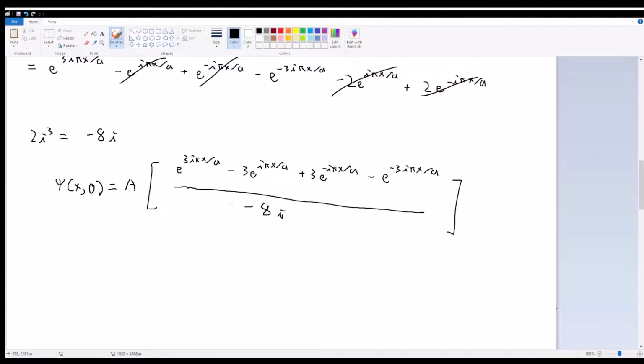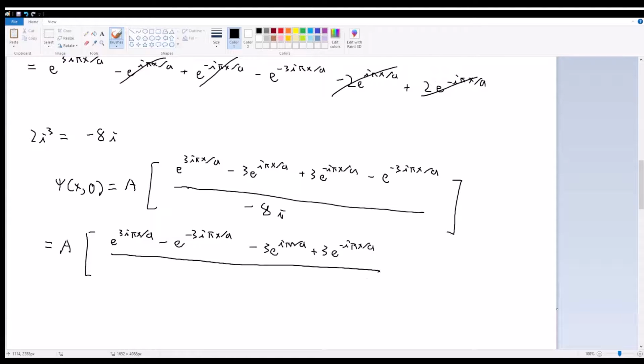So let's see. We can split this up immediately, because if we recognize that this is equal to a times e to the 3i pi x over a minus e to the negative 3i pi x over a, and then minus 3e to the i pi x over a plus 3e to the negative i pi x over a, then I can move the negative out in front, and I can pull out a 4, and this is going to give me a 2i at the bottom.